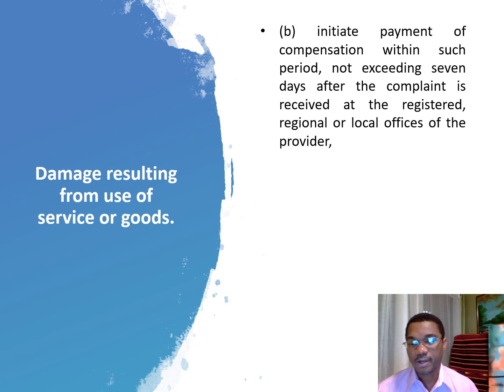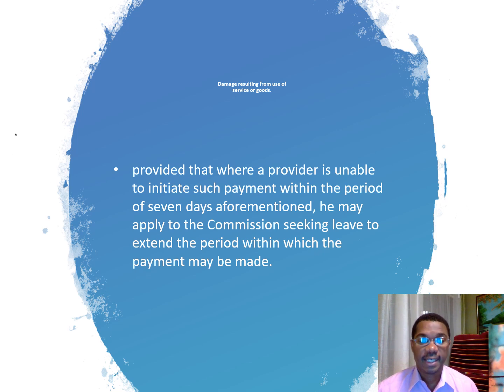So what is happening here in relation to damages resulting from use of services or goods is that the consumer makes a complaint to the provider, and they will also make a complaint to the Consumer Affairs Commission, who will determine whether the complaint is valid, yes or no. And if they have determined that the consumer has suffered loss, then the provider will be called upon to compensate that customer, and there's a time frame within which the compensation should take place, which is 7 days.